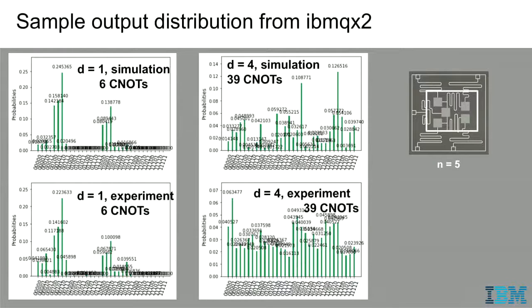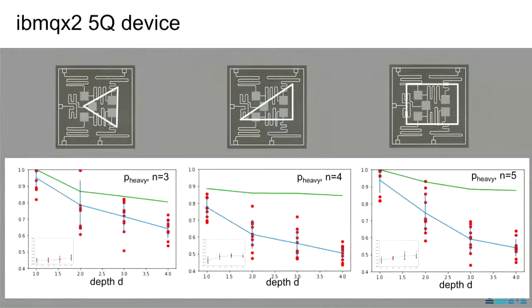So when you plot this out, you look at different numbers of qubits on the same device, and then you run this model algorithm many times at different depths, and you could plot out the probability of heavy output.